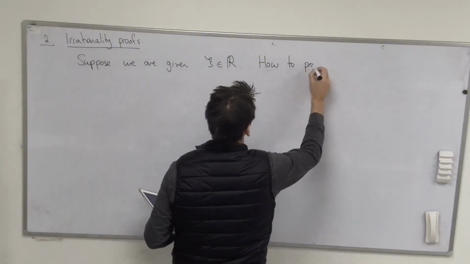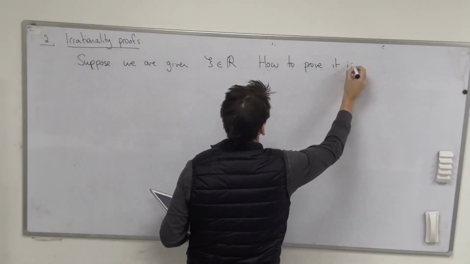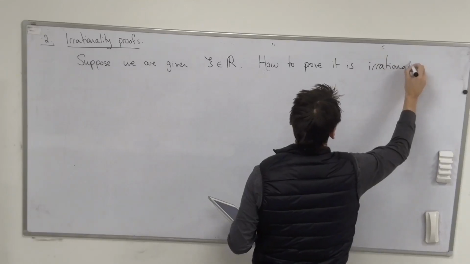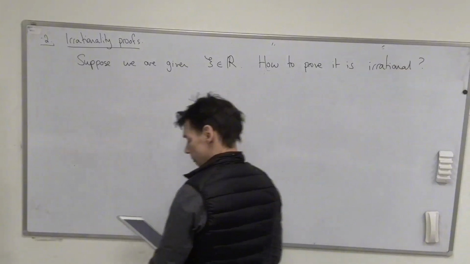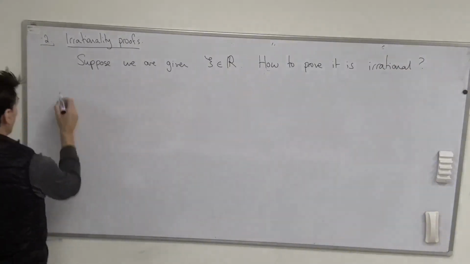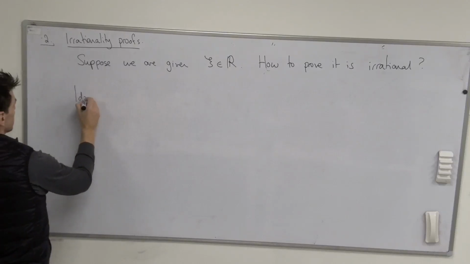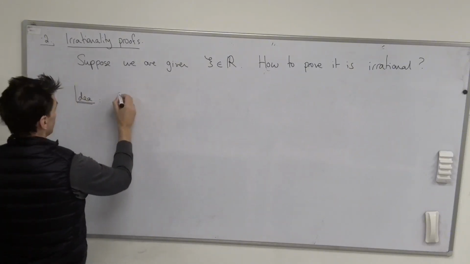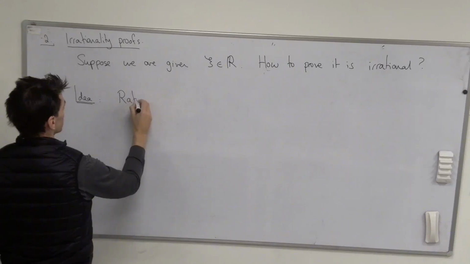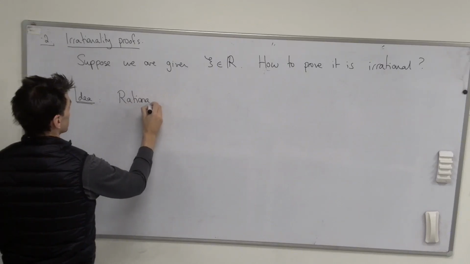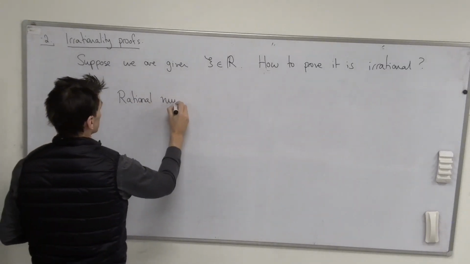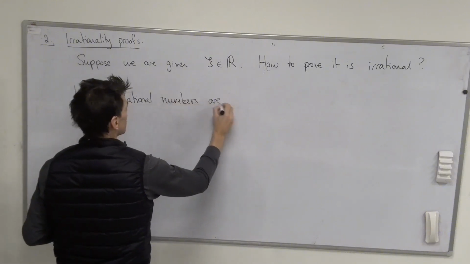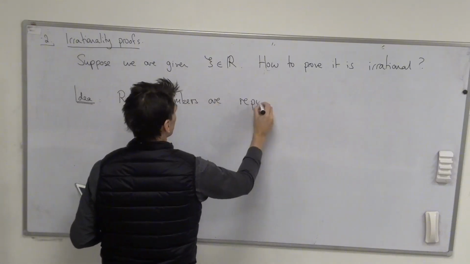How do we prove it is irrational? And as I said, there's only one idea, and that is that rational numbers are repulsive.